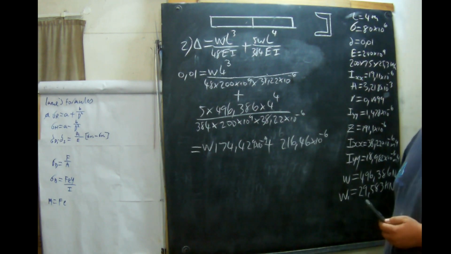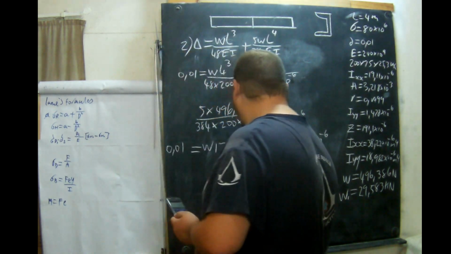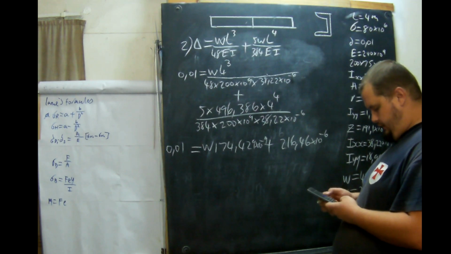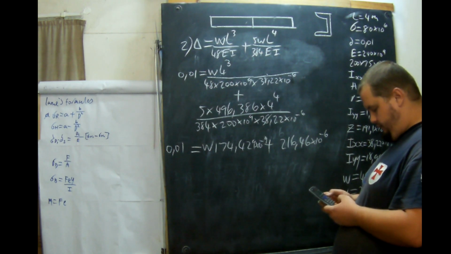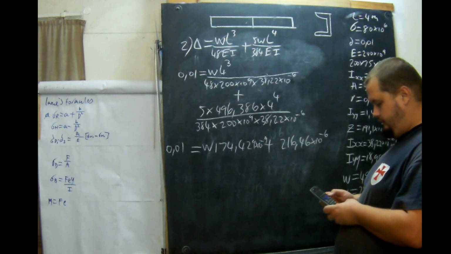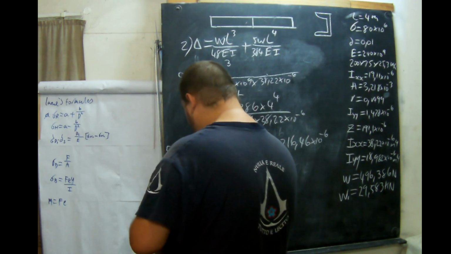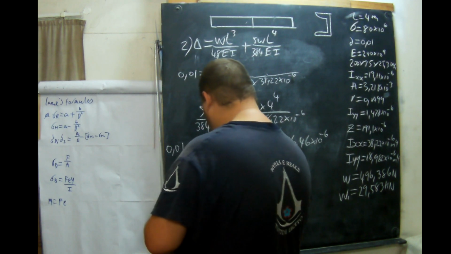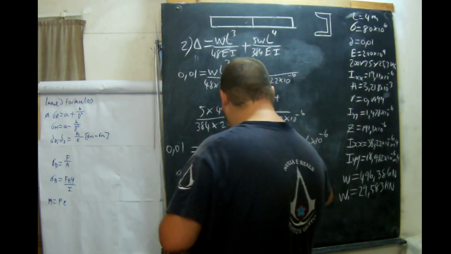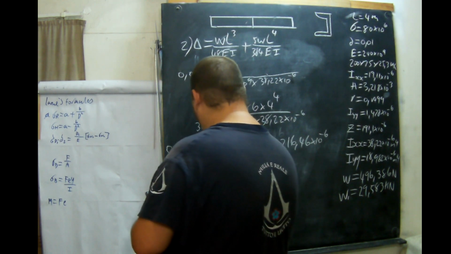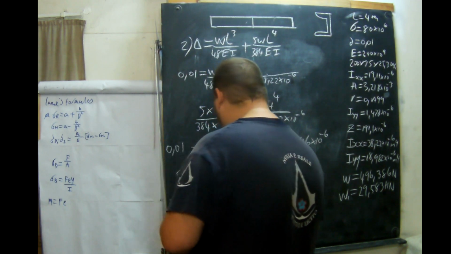W, which equals 0,01. So 0,01 minus 216,46 times 10^-6 equals 9,78354 times 10^-3 equals W all over 174,429 times 10^-9.